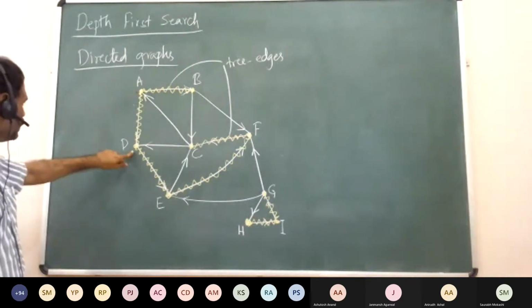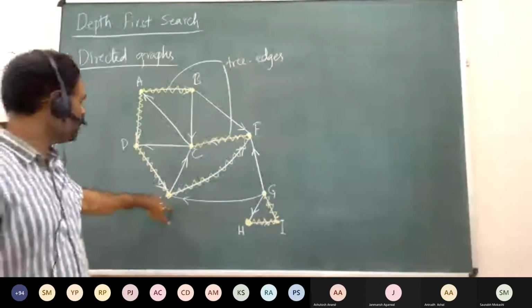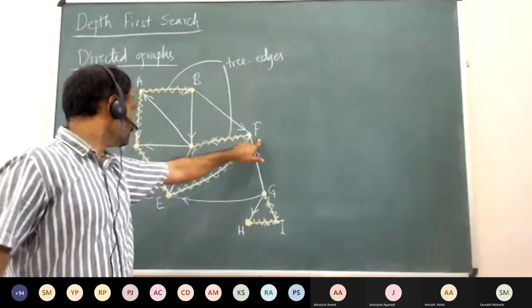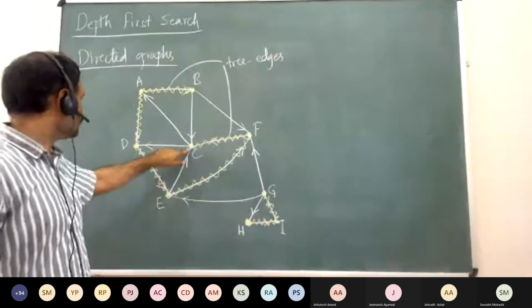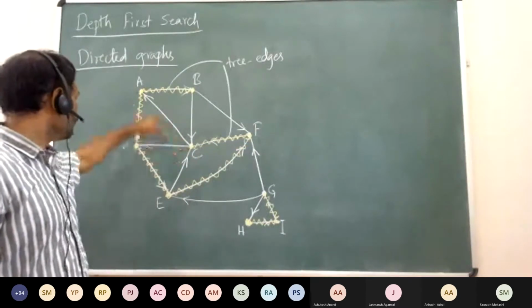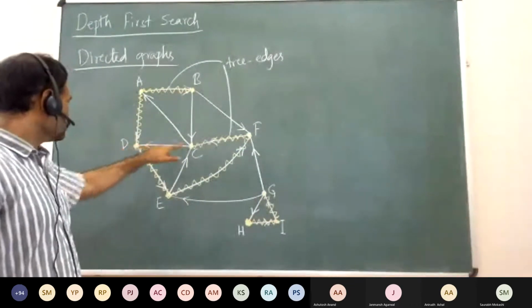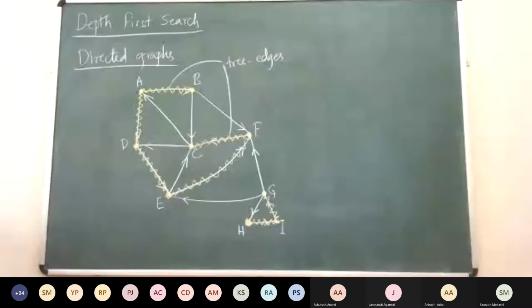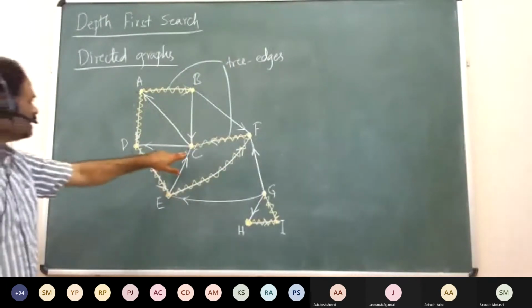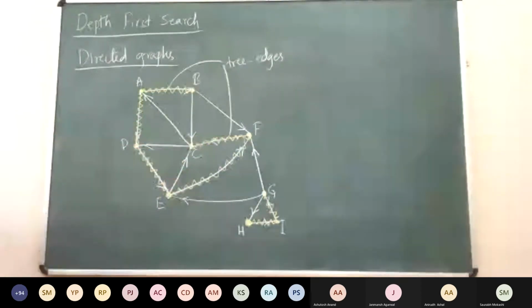From A we went to D, right? Then we went to E. Then we went to F. After that we went to C. So from C, right, there was an edge CA, right? We could have come here, or there was an edge CD, right? So we couldn't go there because it was already visited, right? So notice that this also defines the ancestor descendant relationship.